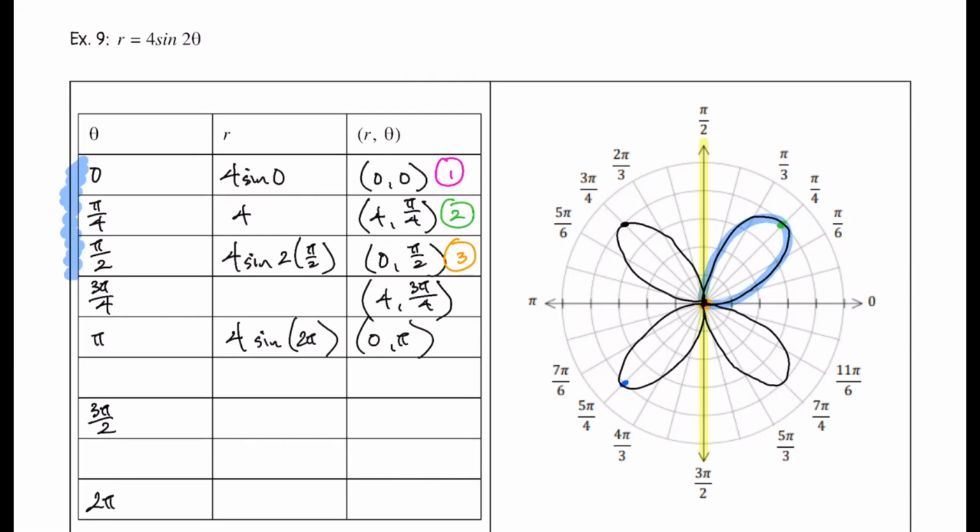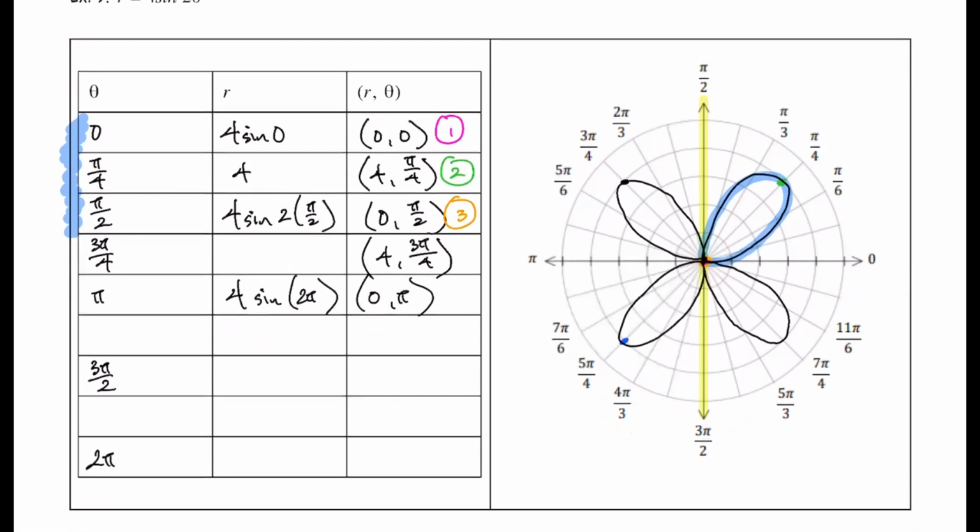I don't need all the other values, because I can look at the picture and just draw it. But you can always fill out every single value in your table if you want to make it more accurate. That's absolutely fine.